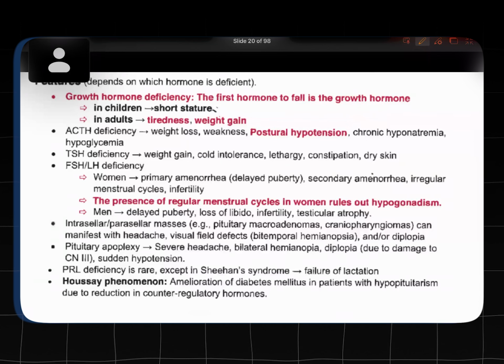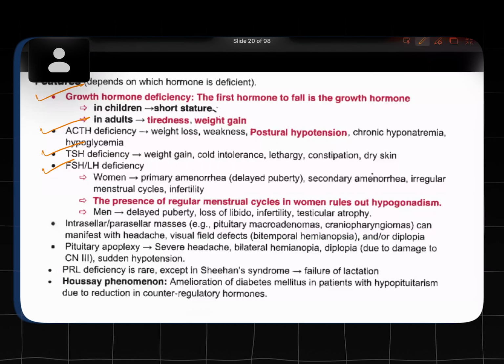This is one thing where we shall discuss the growth hormone part in the next class, but we have included it here because this is basically a case of panhypopituitarism. So there will be growth hormone deficiency, ACTH deficiency, TSH deficiency, FSH deficiency. If you are getting more than one hormone deficiency, usually they will give a clue like post trauma, post encephalitis, patient has altered sensorium, fever, or post neurosurgery.